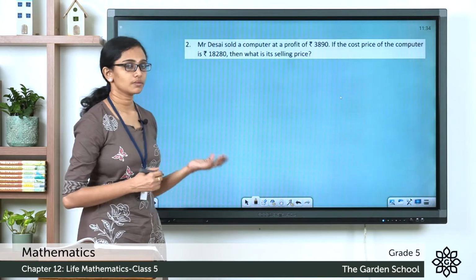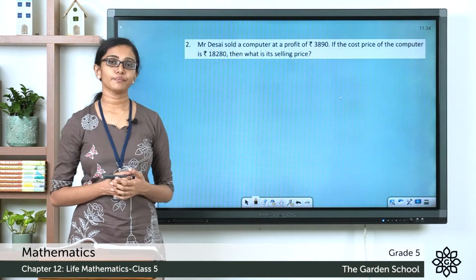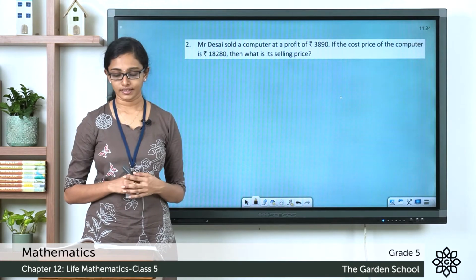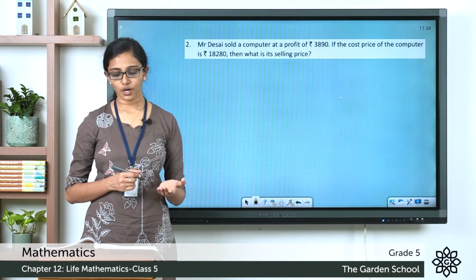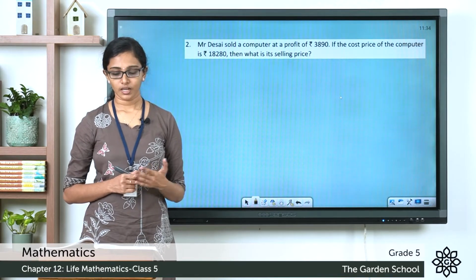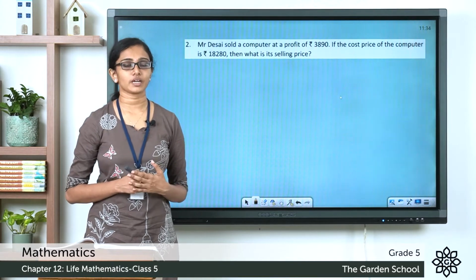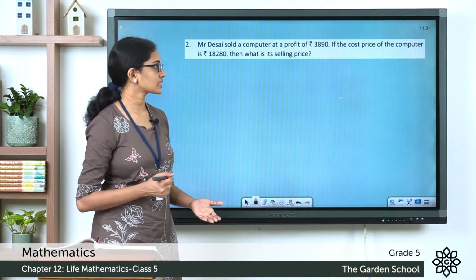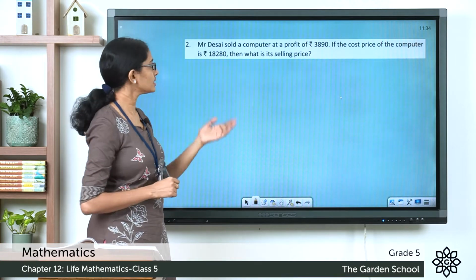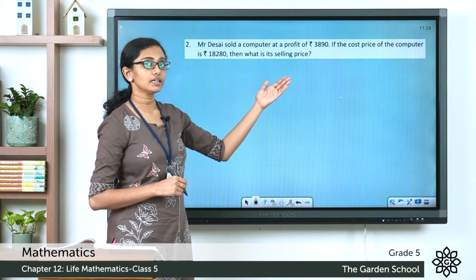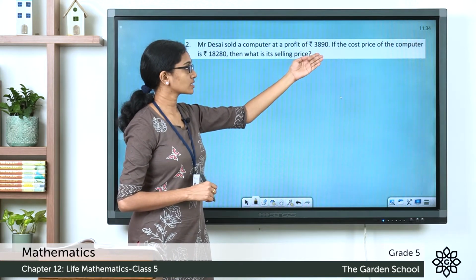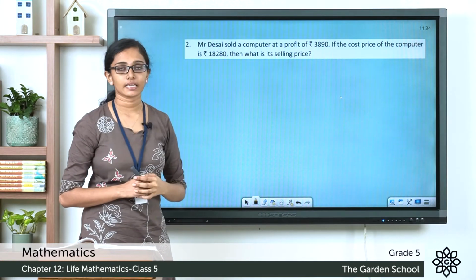Question number 2. Mr. Desai sold a computer at a profit of rupees 3,890. If the cost price of the computer is rupees 18,280, then what is its selling price? So what is mentioned in the question? The cost price of the computer is rupees 18,280 and it is said that there was a profit of rupees 3,890 on selling it.